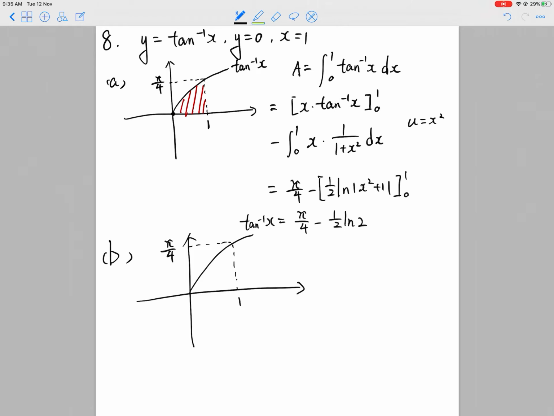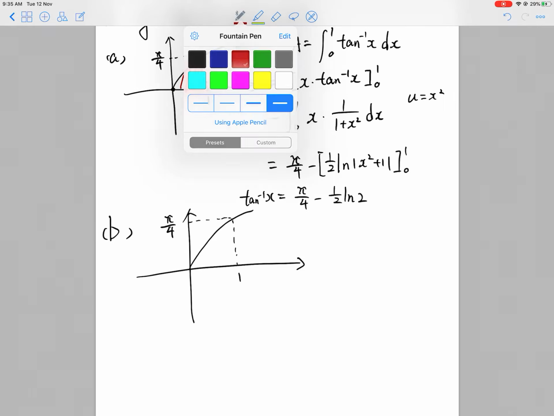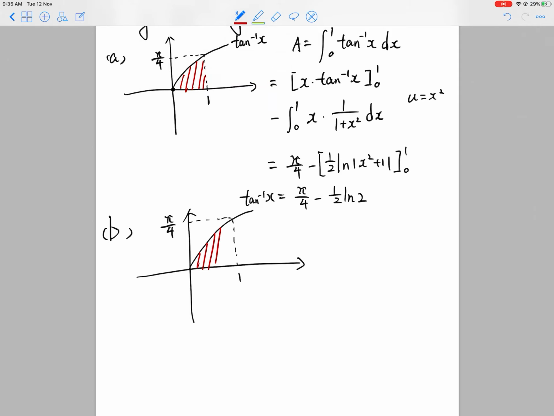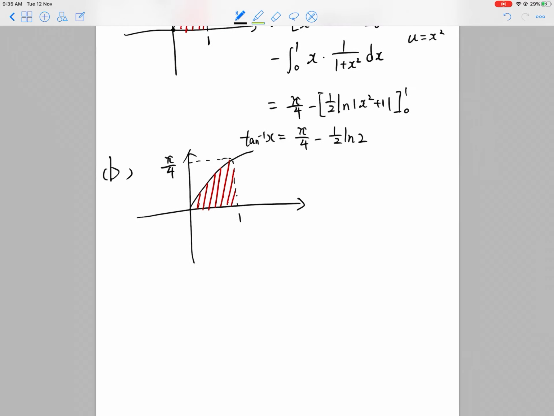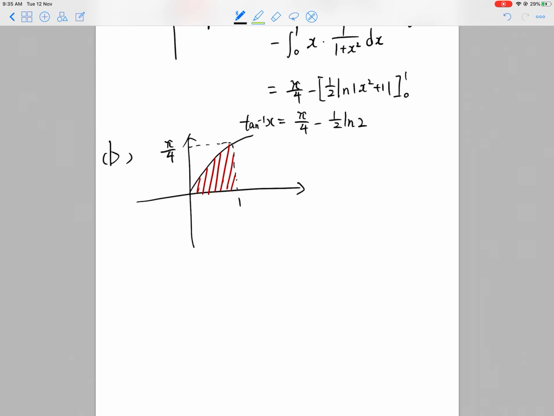Find the volume by revolving this region about the y-axis. Okay, so here let's use another method called cylindrical method.